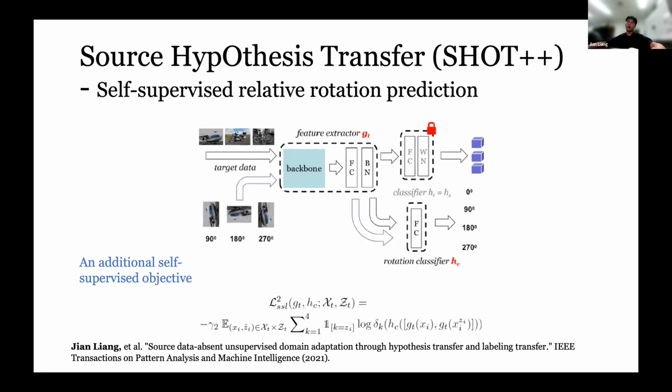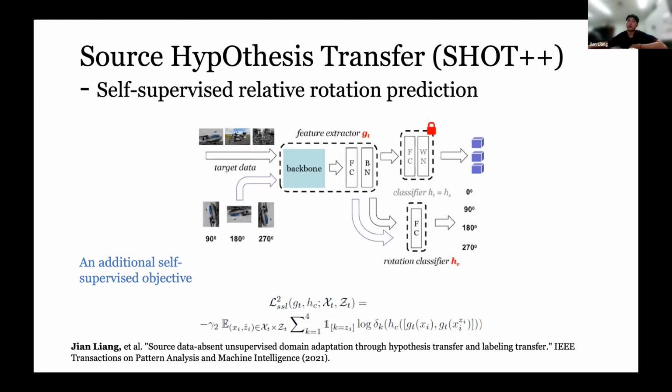So this is the framework of the one in the journal version. Here we also incorporated another new self-supervised learning objective. The objective tries to recognize the rotation of the images.